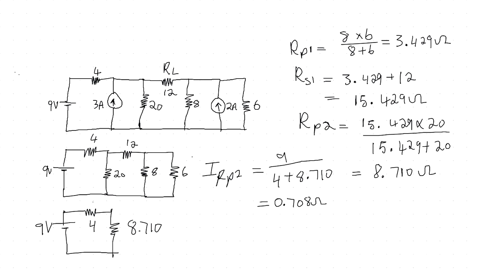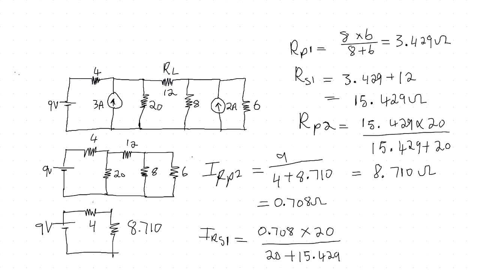IRS1 is equal to 0.708 multiplied by 20 divided by 20 plus 15.429. Why am I doing this?